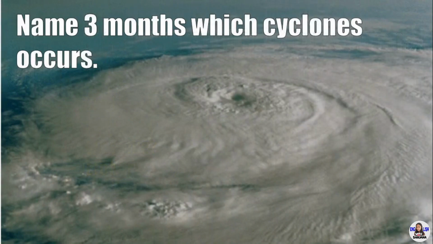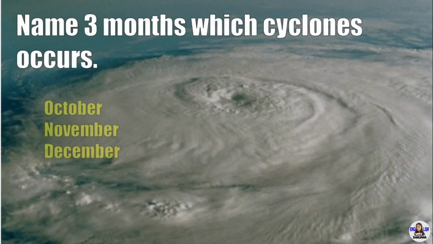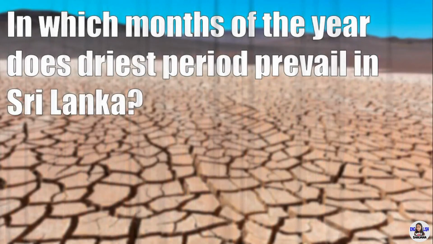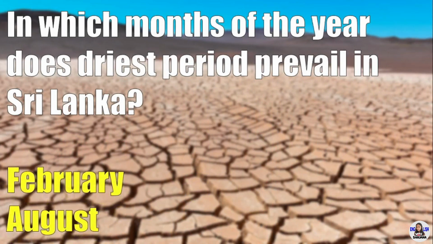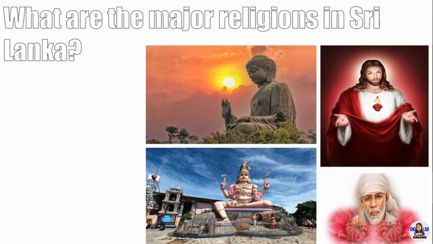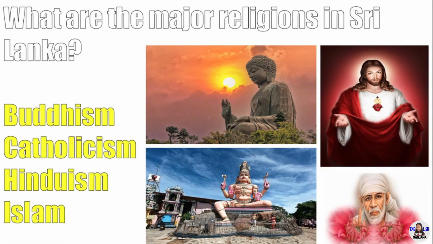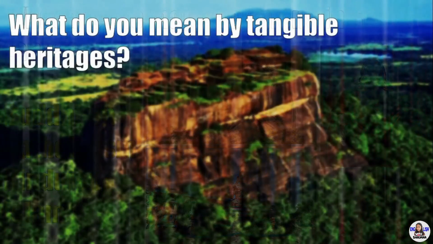Name three months in which cyclones occur: October, November, and December. In which months of the year does the driest period prevail in Sri Lanka? February and August. What are the major religions in Sri Lanka? Buddhism, Catholicism, Hinduism, and Islam.